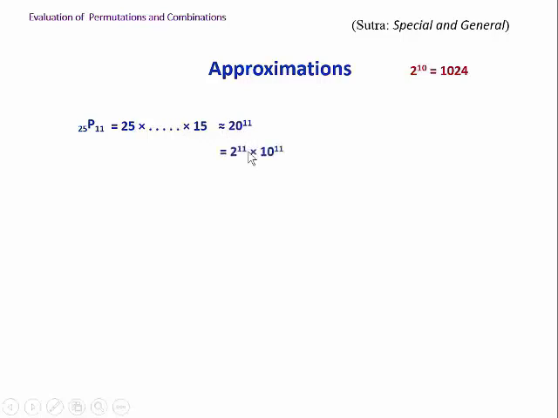Well, 20 to the power 11 is 2 to the 11 times 10 to the 11, and because we know 2 to the 10 is 1024, which we could take as being 1000, 2 to the 11 would be twice that, which is 2000. In fact, 2048 times 10 to the 11, which is about 2 times 10 to the 14. So we can use the average to find permutations and combinations which are large numbers.